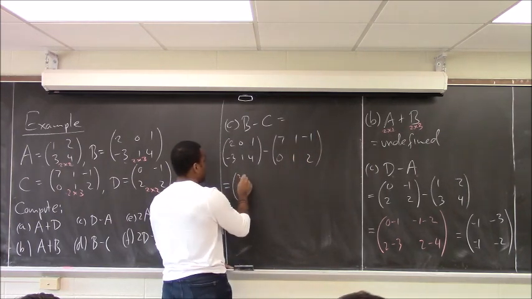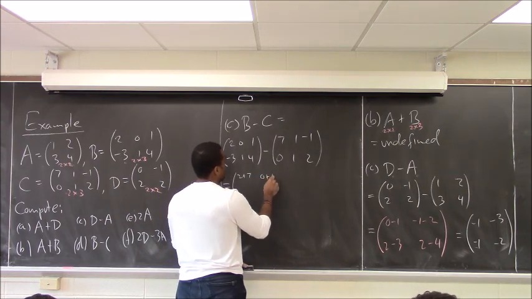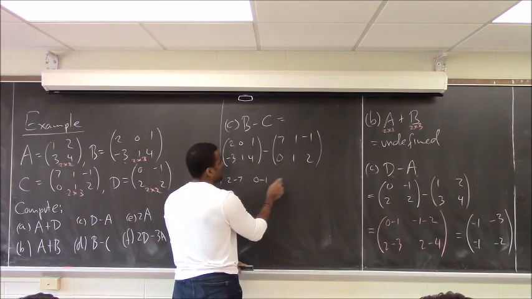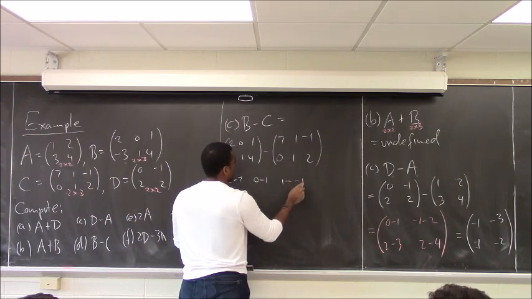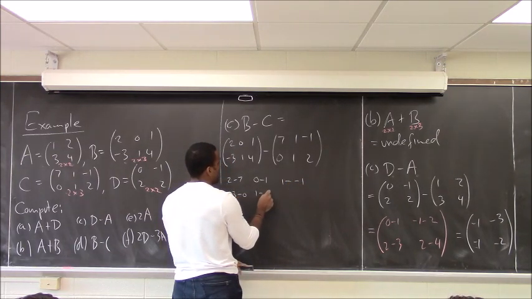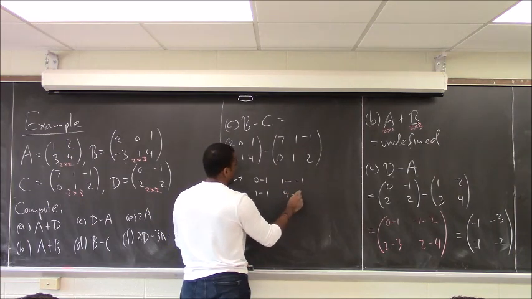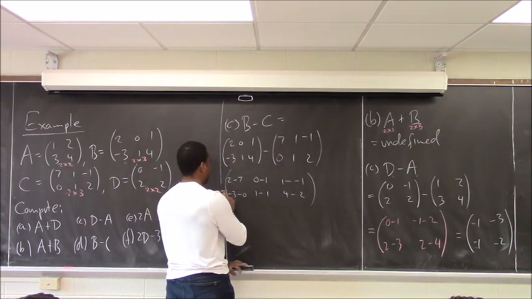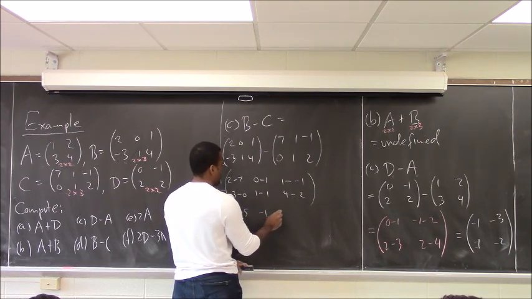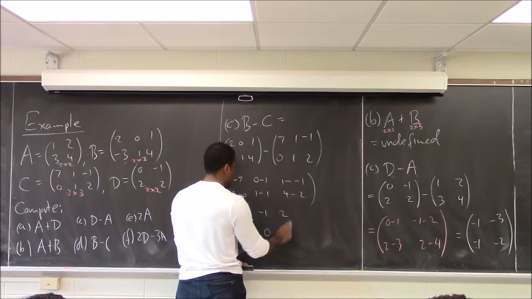So that's going to be 2 minus 7, 0 minus 1, 1 minus a minus 1, minus 3 minus 0, 1 minus 1, 4 minus 2. Minus 5, minus 1, 2, minus 3, 0, and 2.